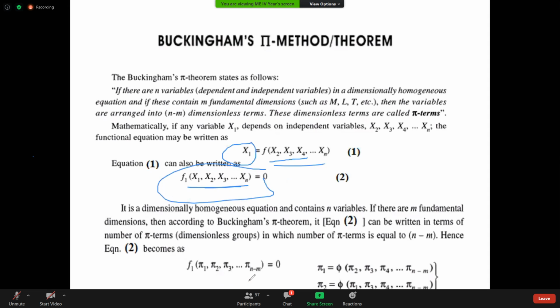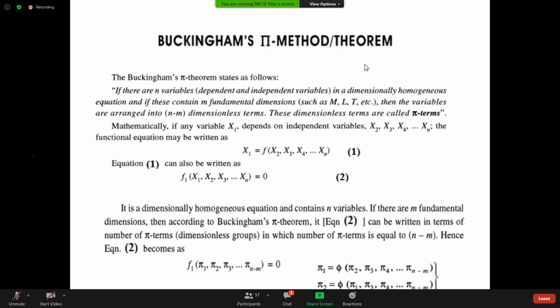Sir, as you said, these are all independent variables. Then why do we consider repeating terms? As per the procedure of Buckingham's pi theorem, you need to identify the pi terms as per the number of variables and fundamental dimensions. That is one step. Second step is you need to repeat it. It must contain geometric property, flow property, and fluid property. That is a procedure.